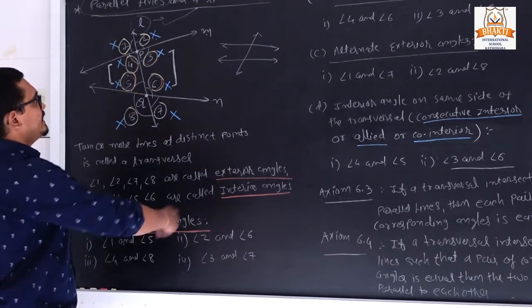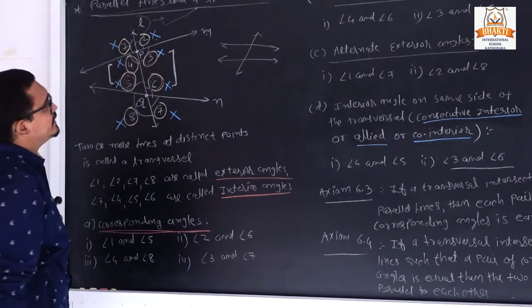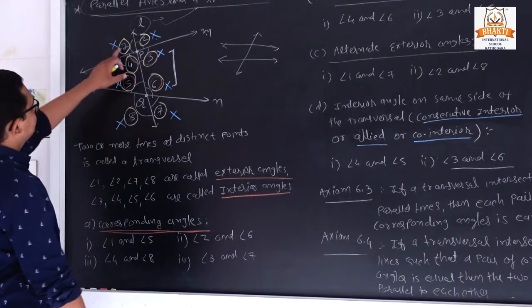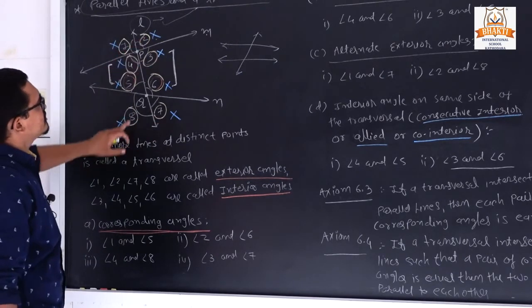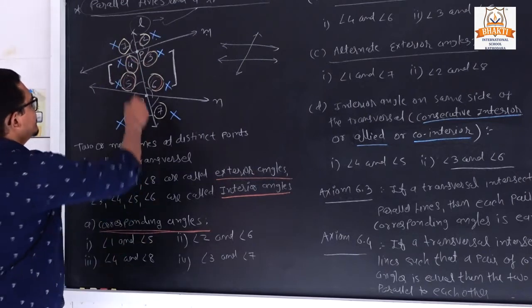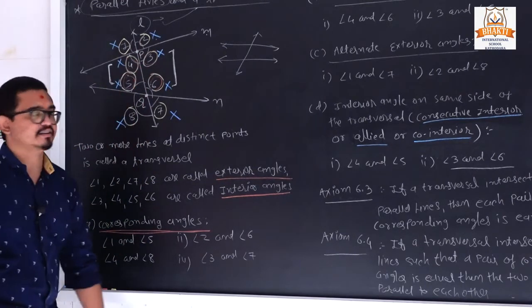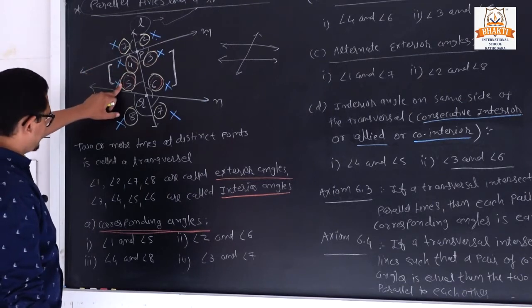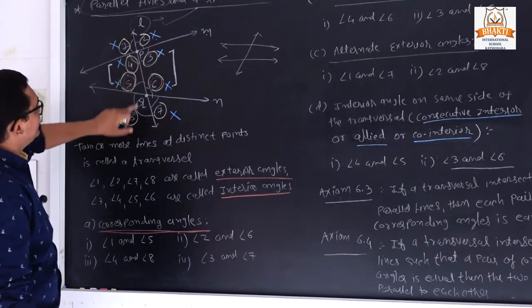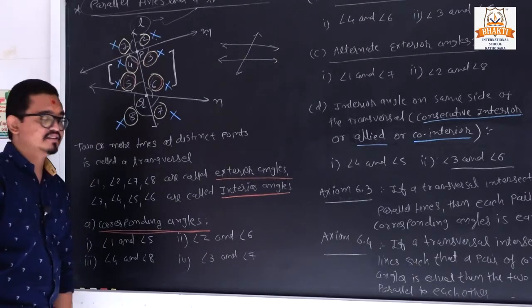Alternate exterior means 1, 7 and 2, 8, and these are alternate interior pairs, and the corresponding pairs are 1, 5, then 2, 6, 4, 8 and 3, 7.